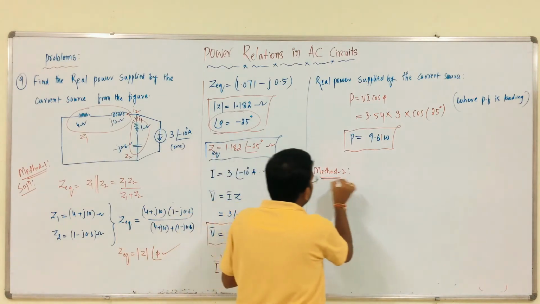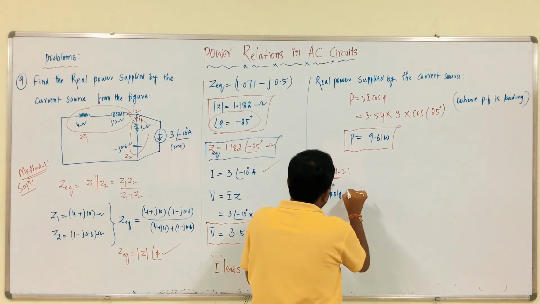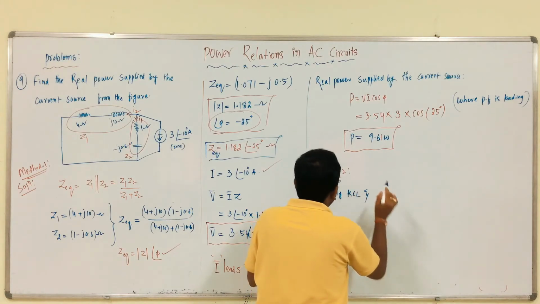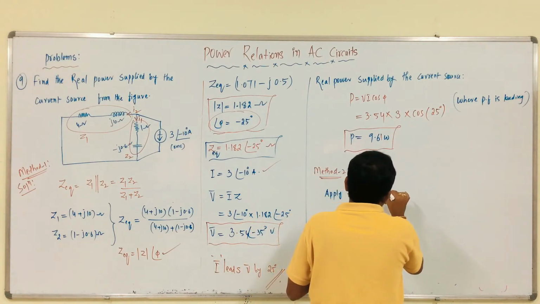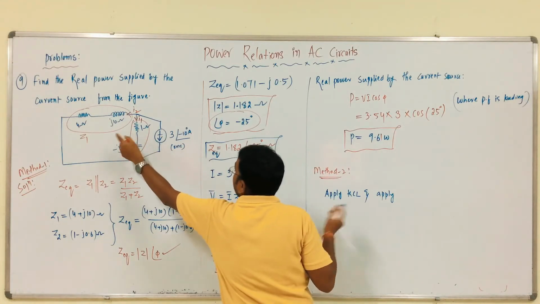In method 2, see, we have current. By applying the current division principle, we can calculate I1 as well as I2.